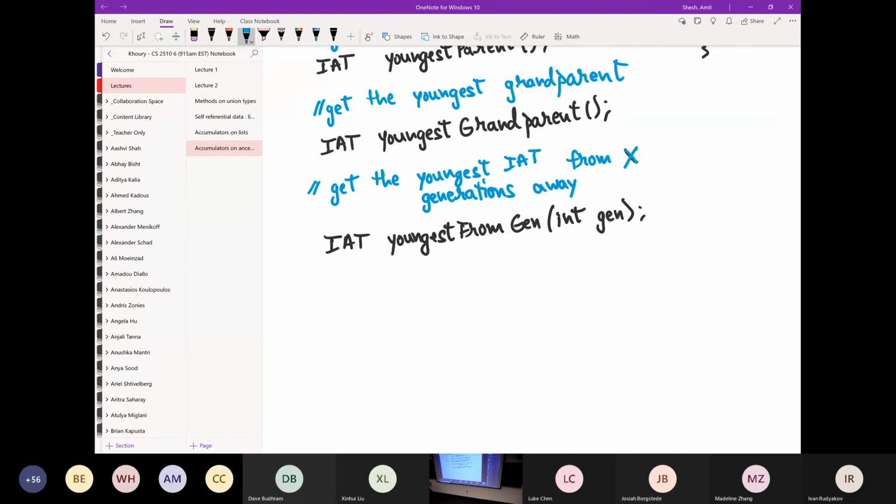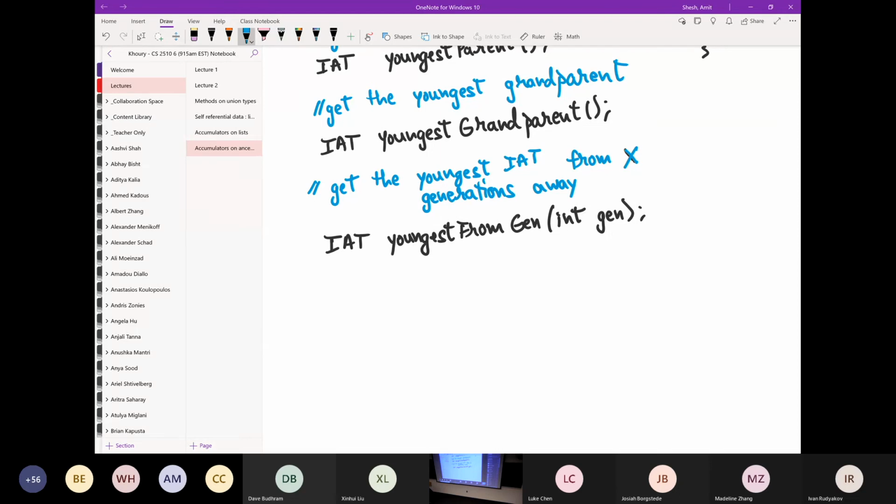Yes. I was thinking we need an if statement to check generation 0. And if it is, then we would just return this. And if generation is not 0, so else, we change the generation by 1.